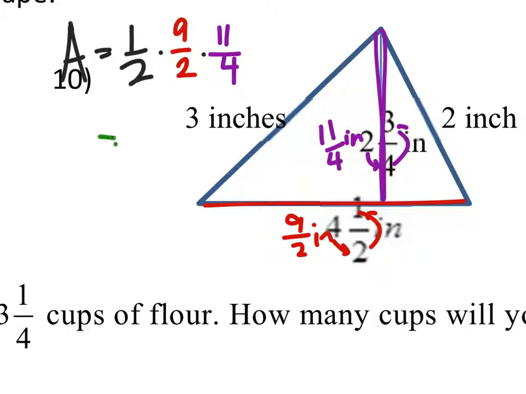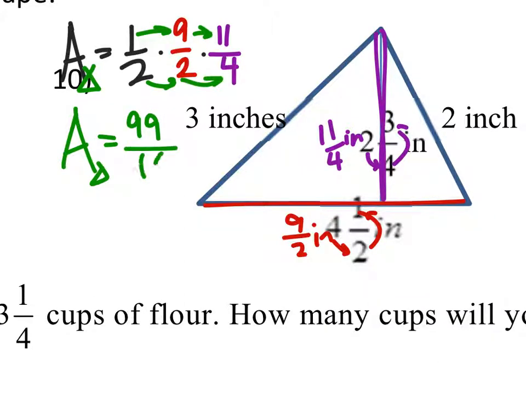Alright, well this is all fraction multiplication. So the area of this triangle, 1 times 9 is 9, times 11 is 99. 2 times 2 is 4, times 4 is 16. So when we divide 99 by 16, we'll change this into a mixed number, which is good usually for measuring lengths like this or areas.